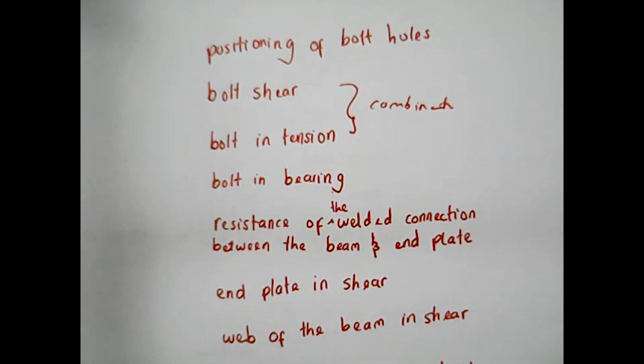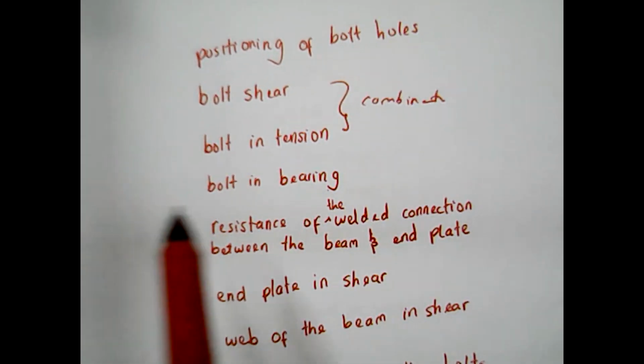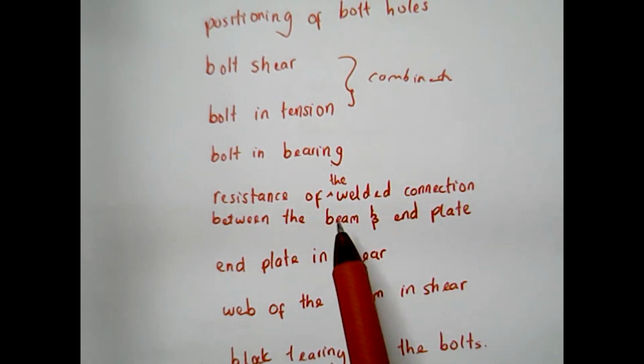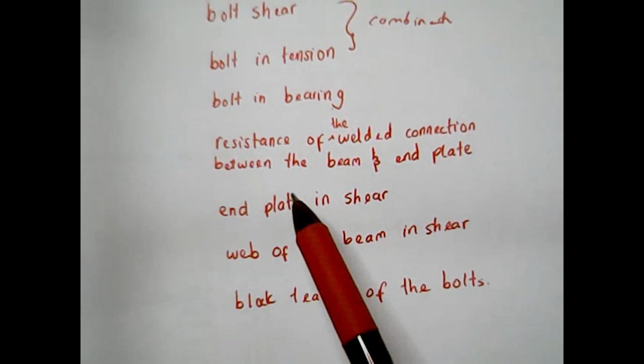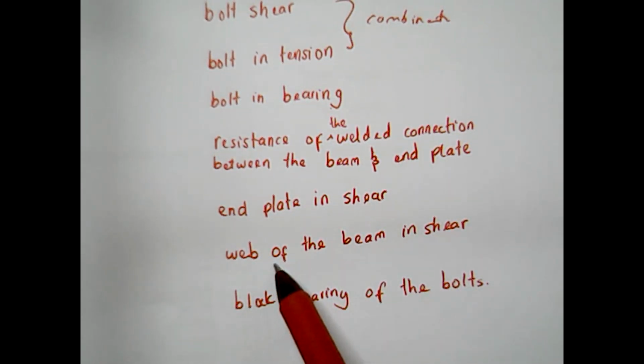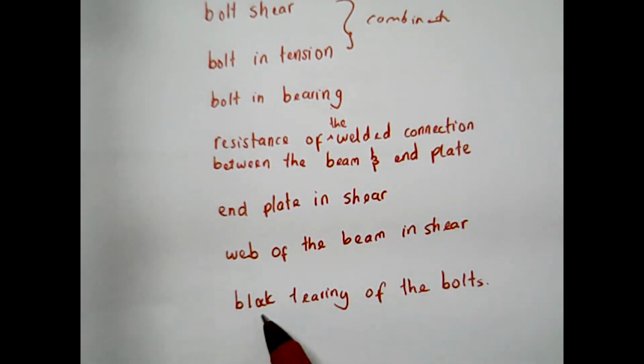However, the rest of these mechanisms, which are bolt in bearing, resistance of the welded connections, end plate in shear, web of the beam in shear, and block tearing of the bolt end plates, definitely all of these must be checked as well to complete.